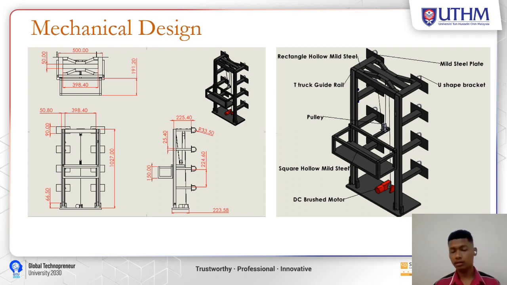The second figure shows the parts of the prototype that I will use, which are rectangular hollow mesh steel, U-shaped bracket, pulley system, T-track guide rail, square hollow mesh steel, and DC brush motor.